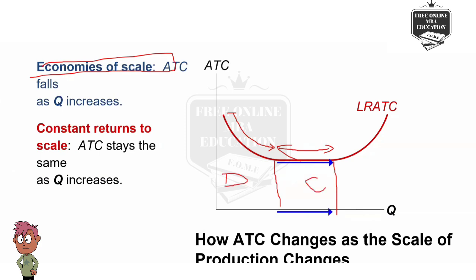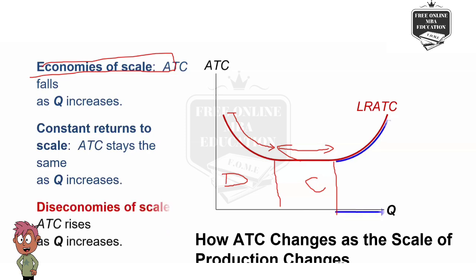And finally, when you keep producing more units, what will happen? Your denominator will increase, but your numerator will remain constant. And as a result of this, what will happen? The average total cost will start to increase again, right? And you will get increasing returns to scale, but here you will have diseconomies of scale.